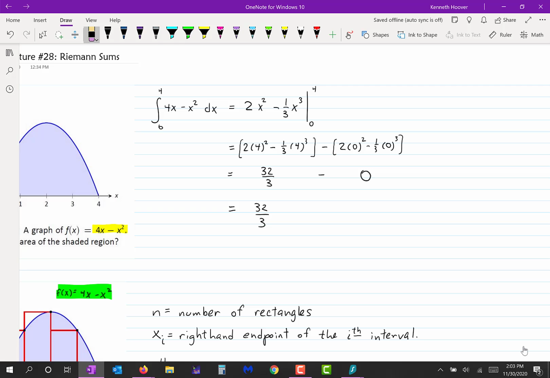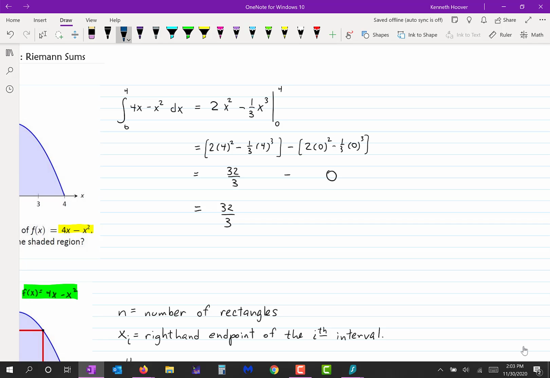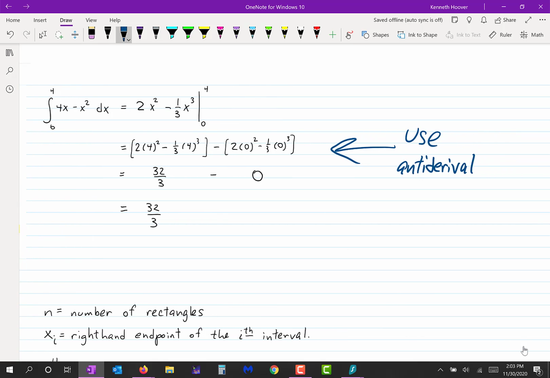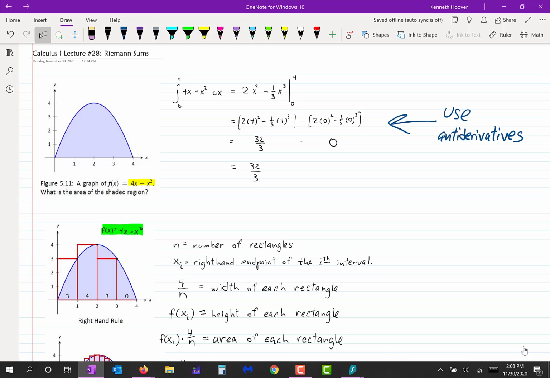So you know two ways to do an integral. Okay? One way is this, which is use antiderivatives. Okay, get an answer of 32/3.